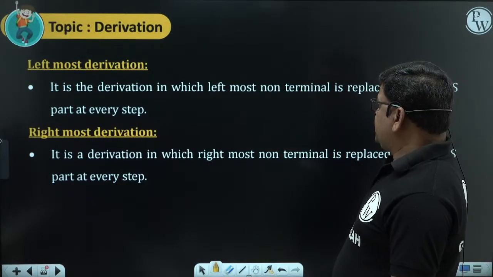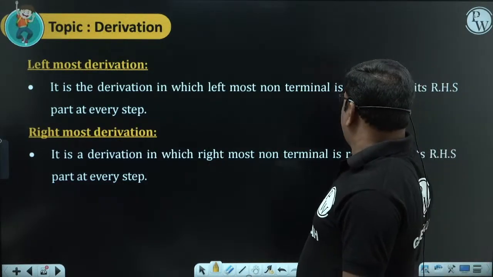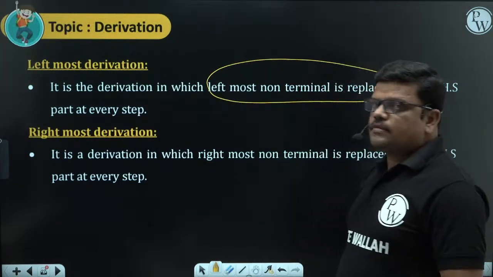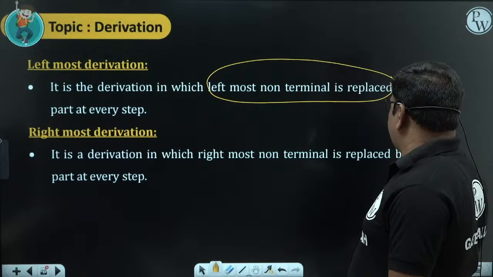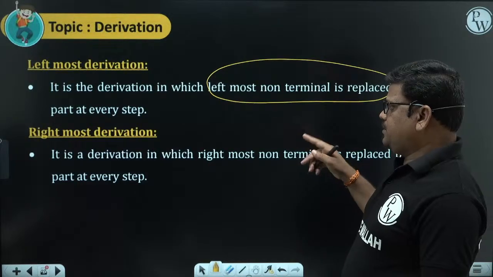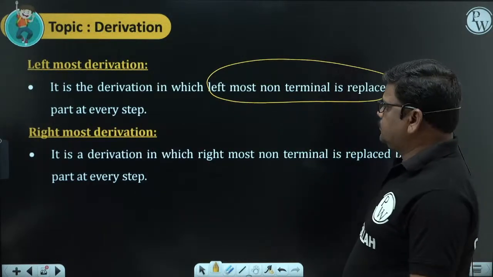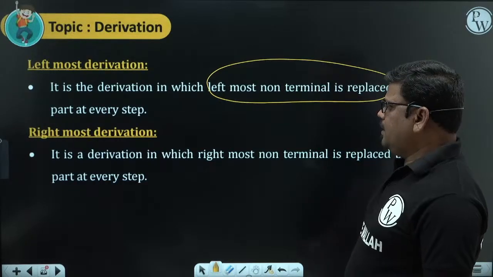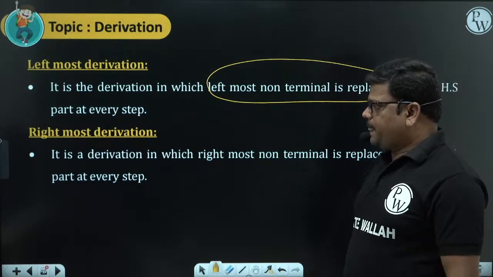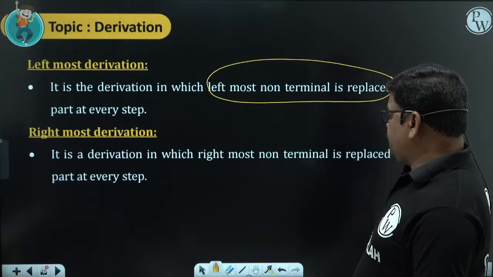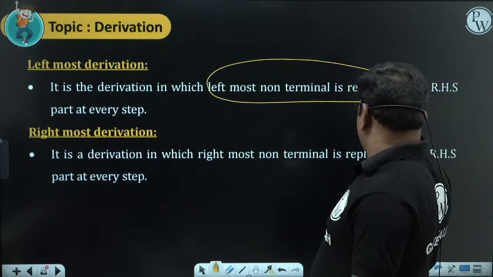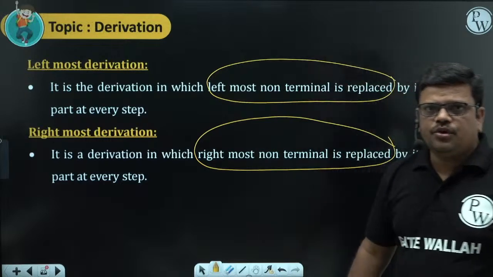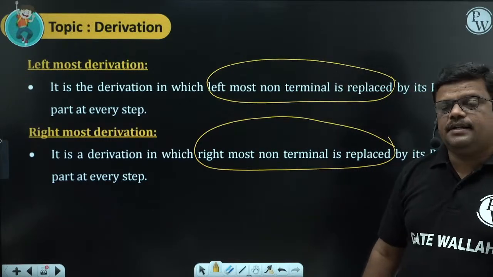A derivation in which the leftmost non-terminal is replaced by its right side at every step is called a leftmost derivation. A rightmost derivation is a derivation in which the rightmost non-terminal is replaced. I'll explain all this while doing derivations.